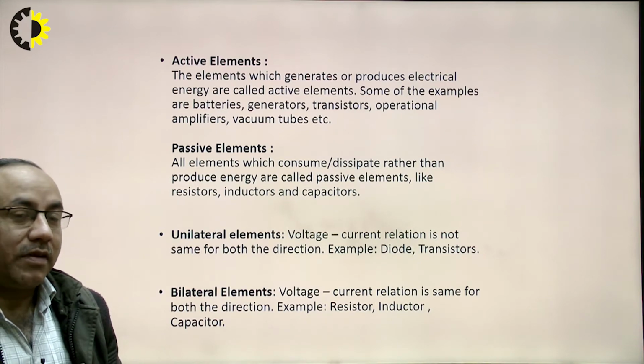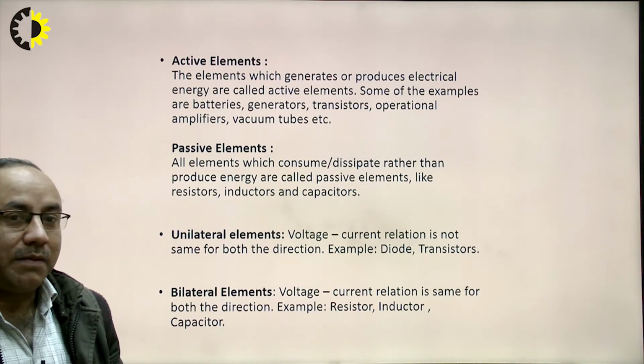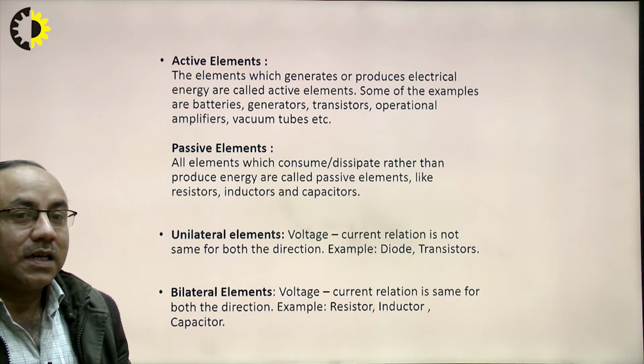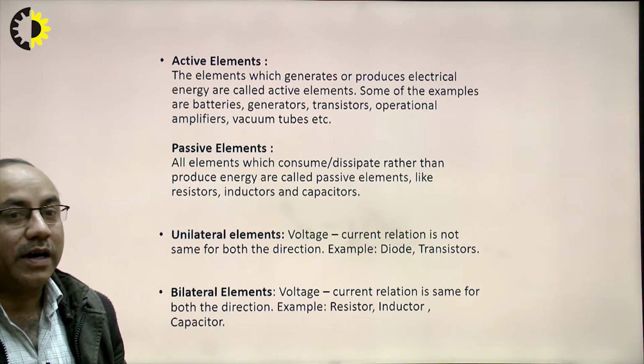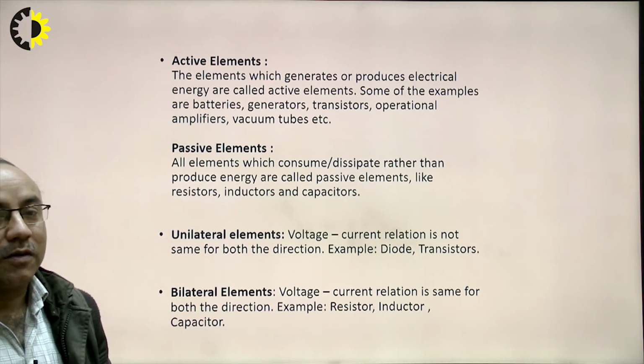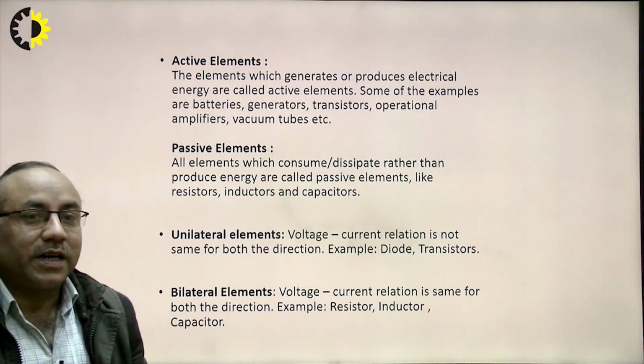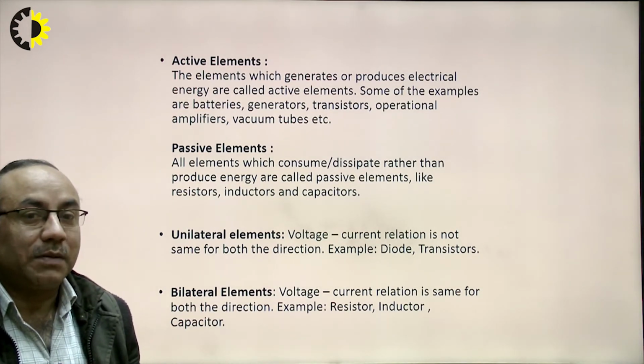Next type, we have unilateral elements and bilateral elements. First, unilateral elements, in which the relation of voltage and current is not identical or not the same for both directions of current flow. That means, on reversing the direction of current flow, the relation between voltage and current also changes simultaneously.